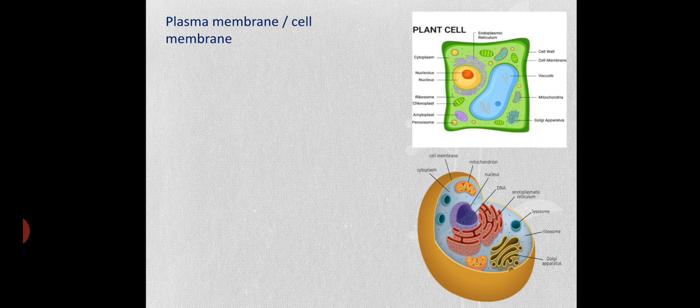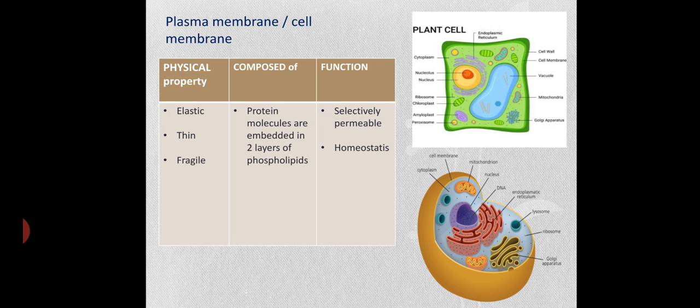It is thin, fragile and elastic. The structure of the plasma membrane is such that the protein molecules are embedded in two layers of phospholipids. Plasma membrane is selectively permeable membrane.